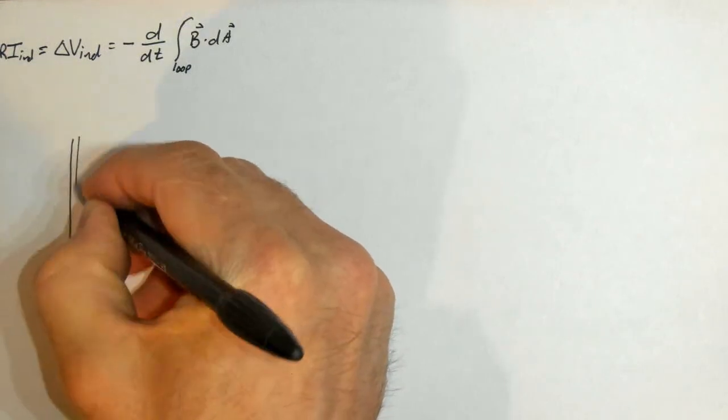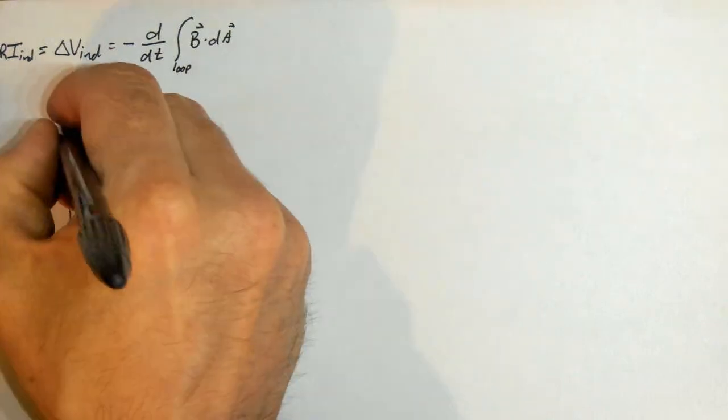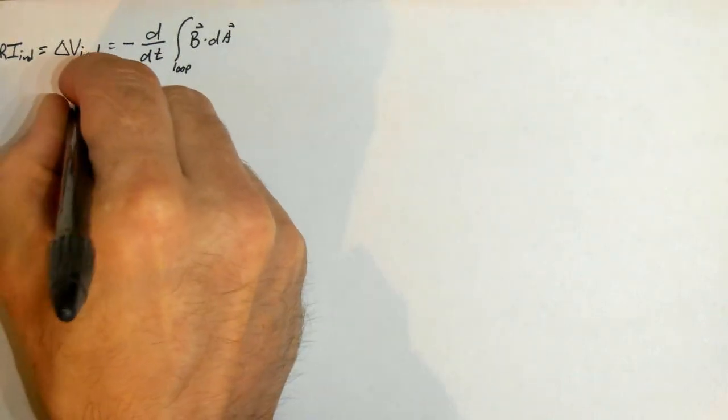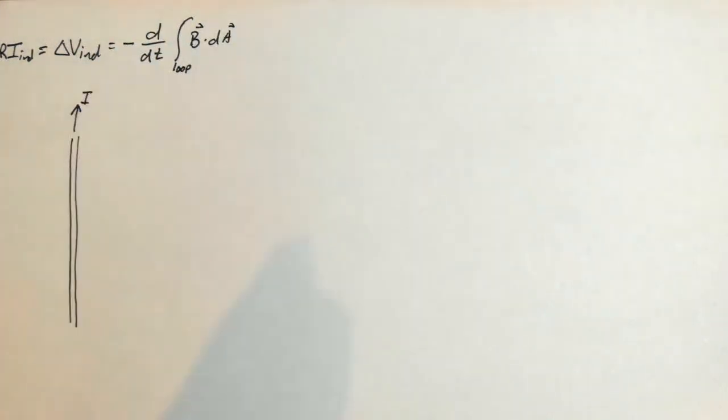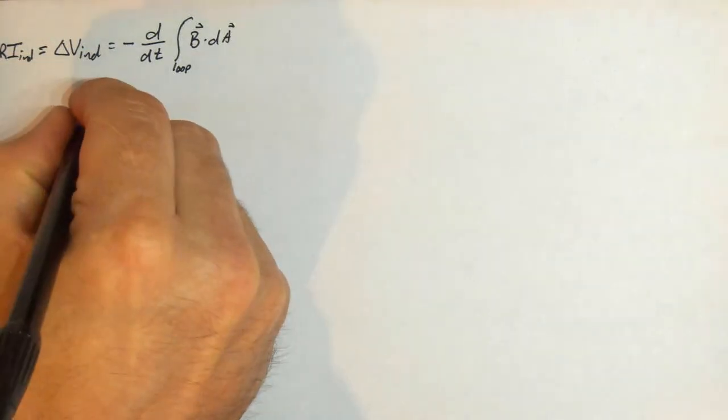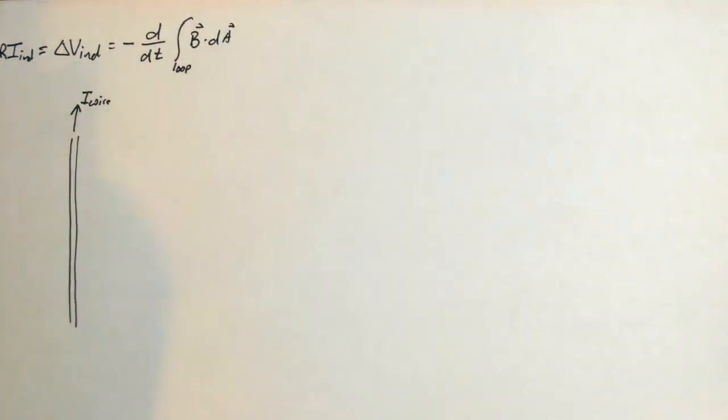Suppose we have a long straight wire and current is flowing in it. I'm going to say that's I wire, and I'll subscript it IW from here on.